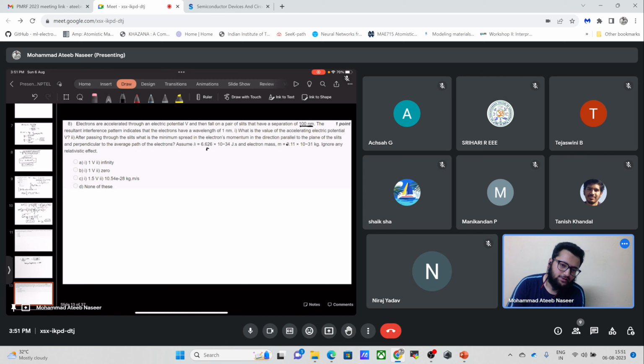Tanish? Is it going to be like Planck constant divided by root 2 ml? That is, I just want some brief logic behind the solution of this problem.